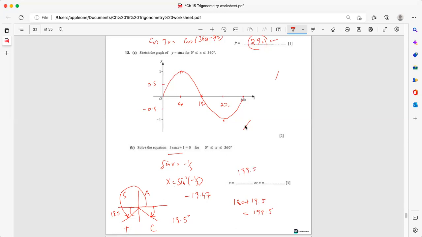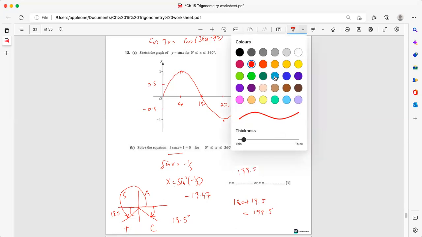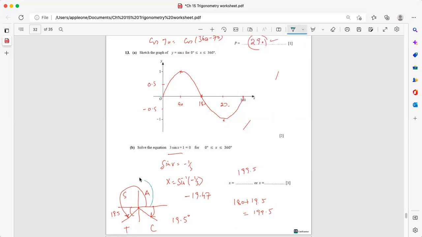The other angle is, see, I will change the color, this one. So 360 minus 19.5. So the other angle is 340.5. So these are the answers. I hope it's clear to all.